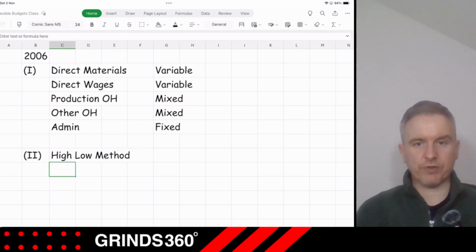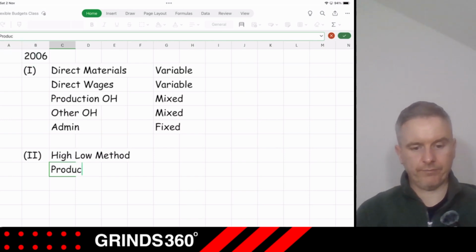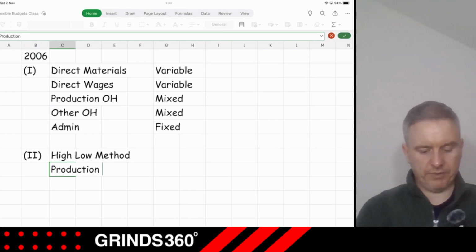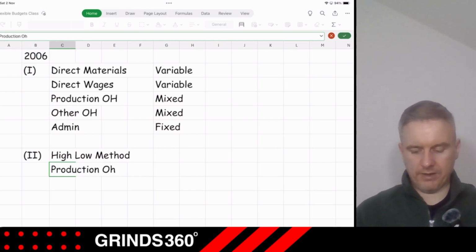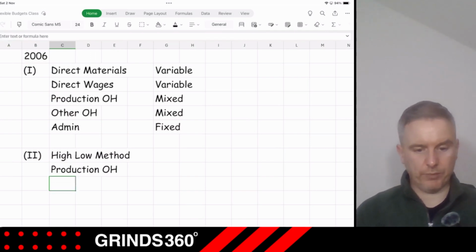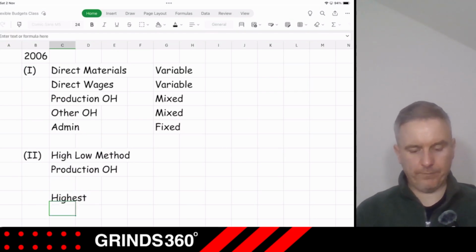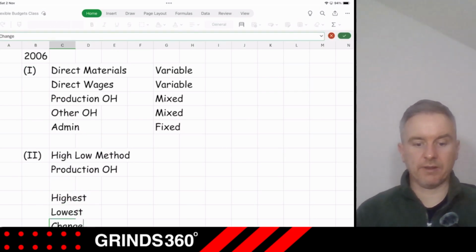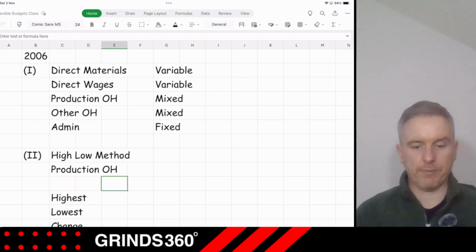So this is for our production overhead first. So production overhead, and all we're doing is setting it up, okay? So we're going to go highest, lowest, change. So highest, lowest, and the change between the highest and the lowest. That's what's actually happening here.